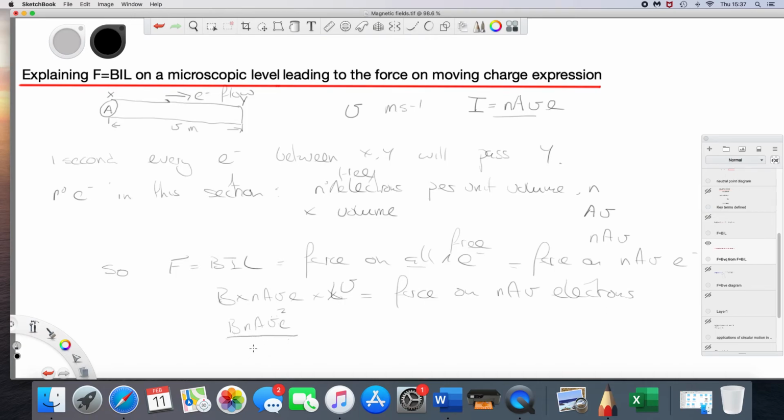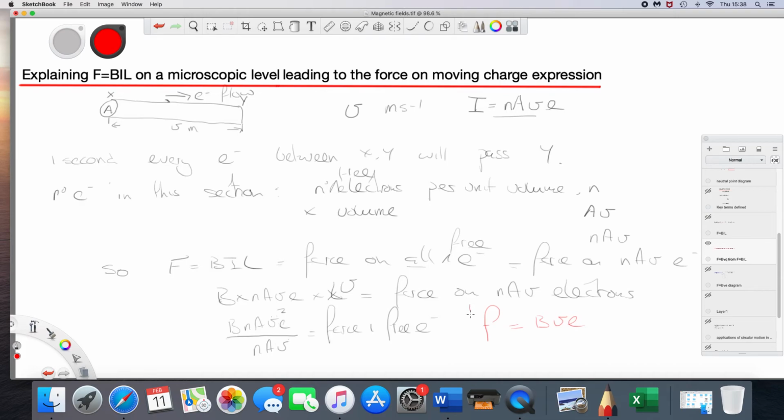So if we divide by nAv, that's the force on one free electron. So if we were to term this small f just to distinguish it from the other one, that would be B. v squared divided by v would be v. n, A, leaves us with an e.